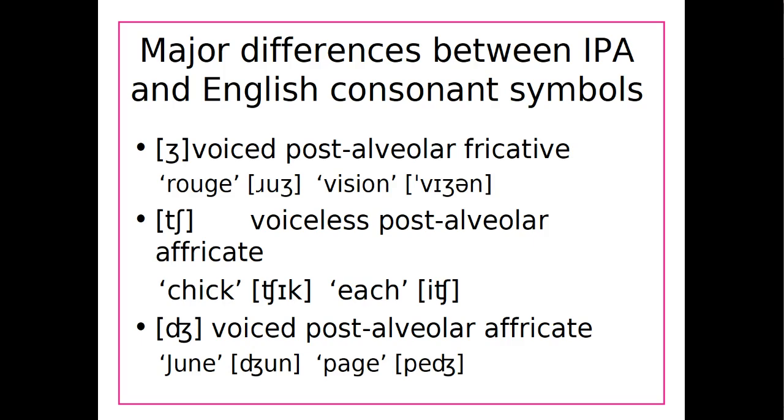We have the voiceless t and the voiceless sh, so really two different sounds, but they occur really close together, so sometimes people consider them to be one sound. You might see this in chick or each. Then we have the voiced equivalent to that, the d and the zh, or the voiced postalveolar affricate. This is the first sound in June, or the last sound in page.